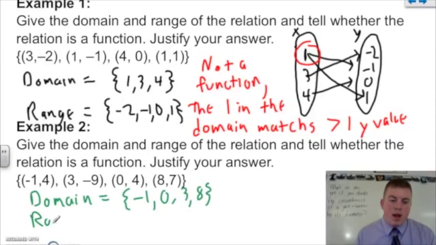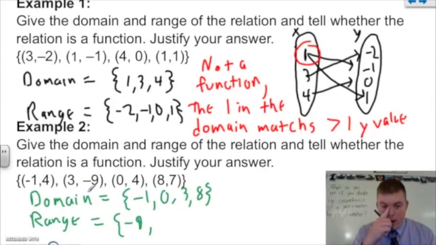If we look at our range, I got a -9. Now I have two 4s, but I only have to write them once. And then I have a 7. So I have my domain and range. Now this time if we look at our domain, we didn't have any repeats. No domain went with more than one range.